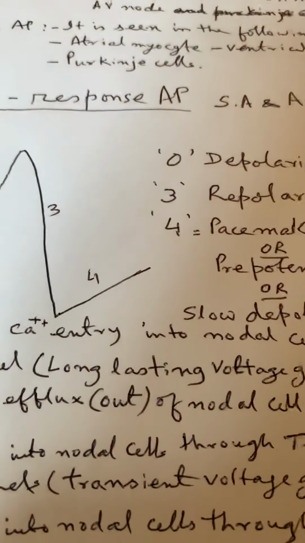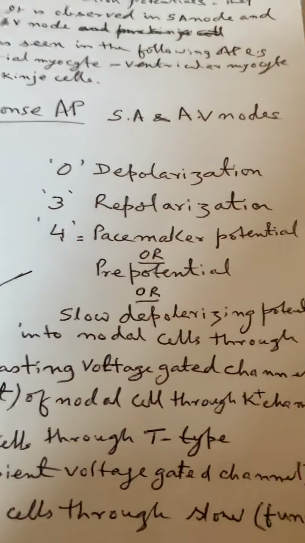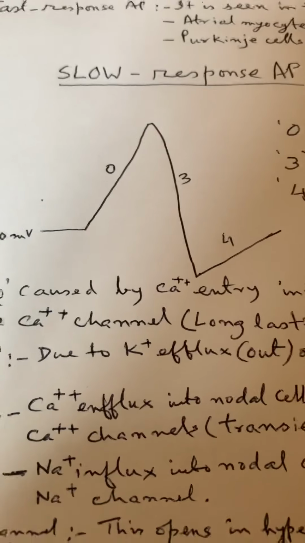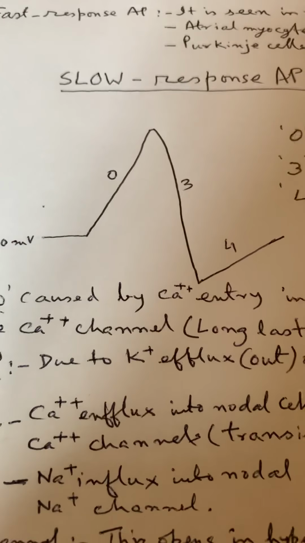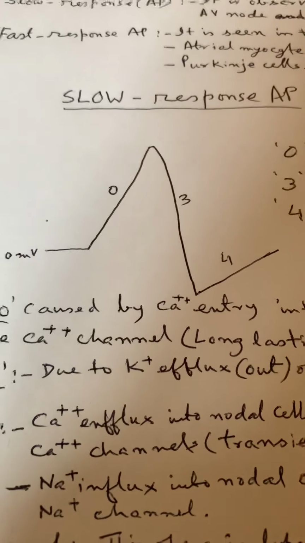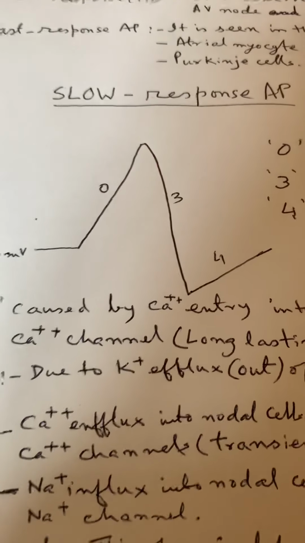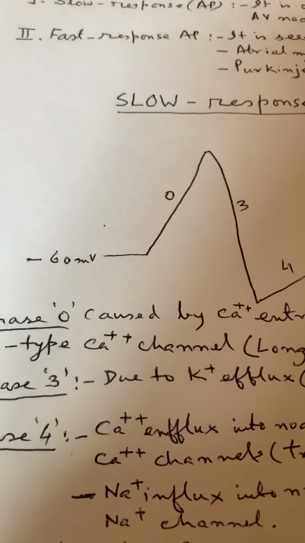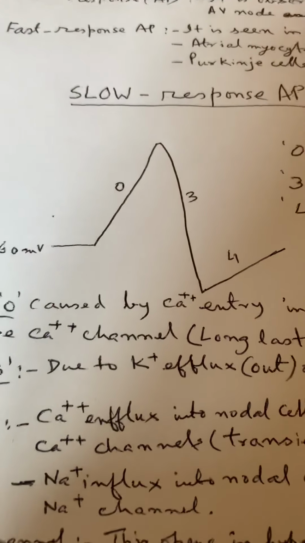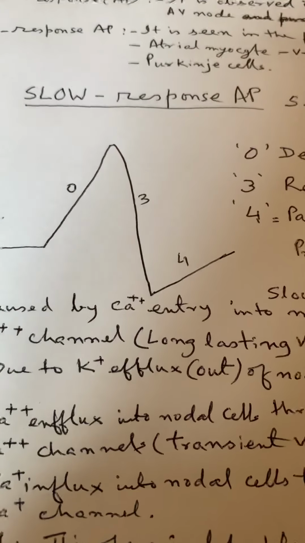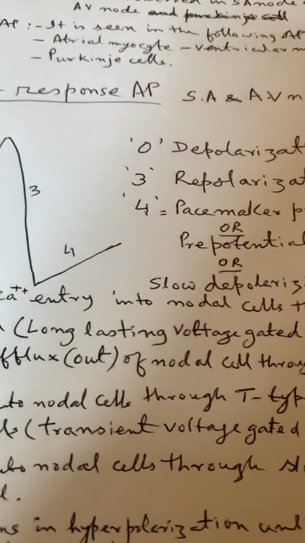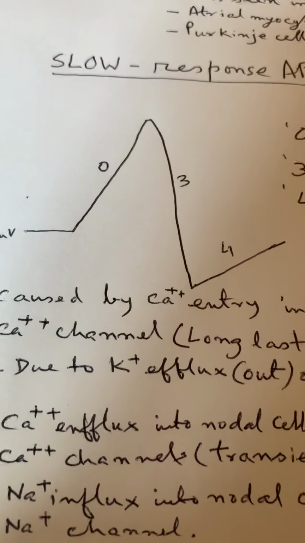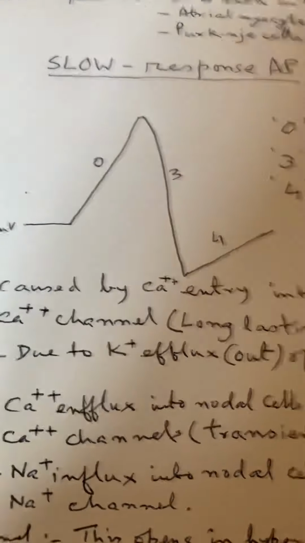This is a long-lasting voltage gated channel through which calcium goes into the cell, causing not a fast rapid depolarization, but a slow and steady depolarization in phase 0. Then comes phase 3. Phase 3 is due to efflux, that is potassium going out of the nodal cells through potassium channels. So potassium going out causes repolarization, or phase 3.